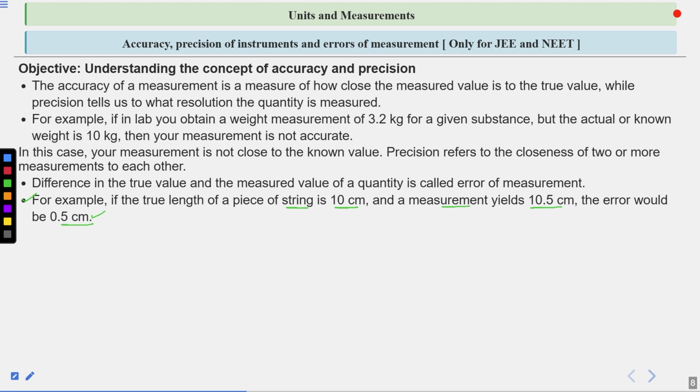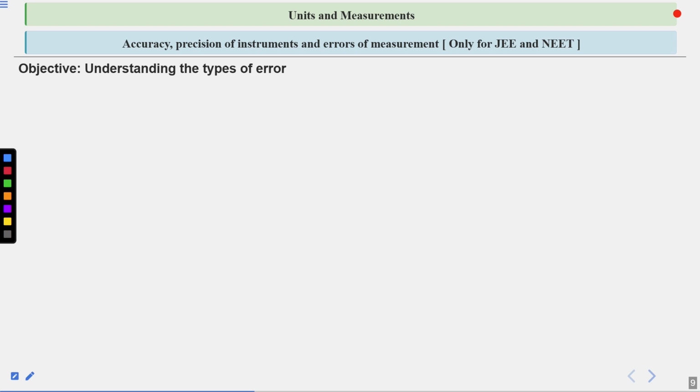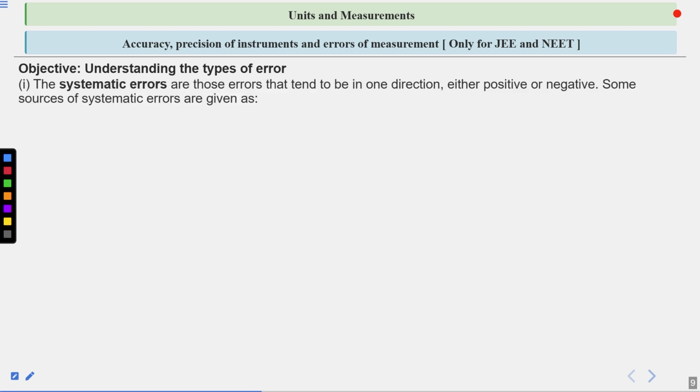The errors in measurement can be broadly classified as systematic and random errors. So there are two types of errors, systematic errors and random errors. First is systematic errors.